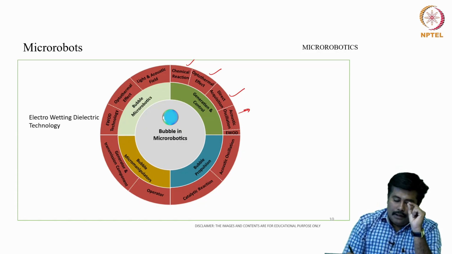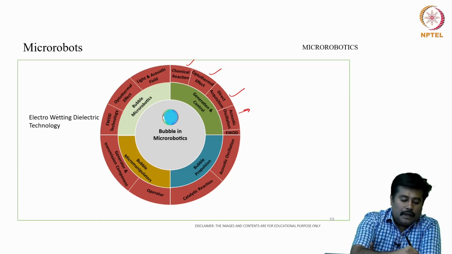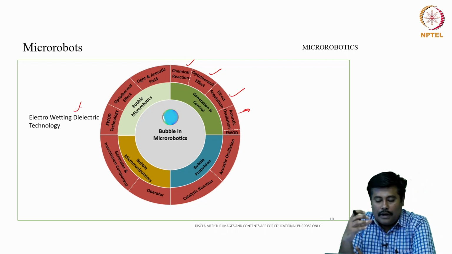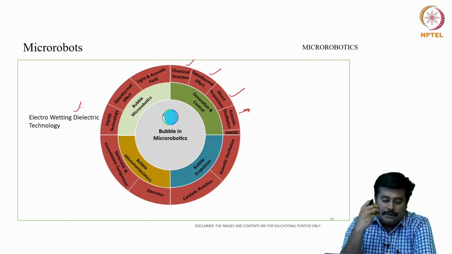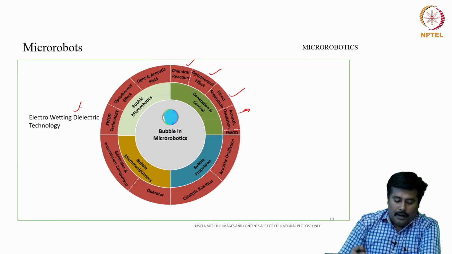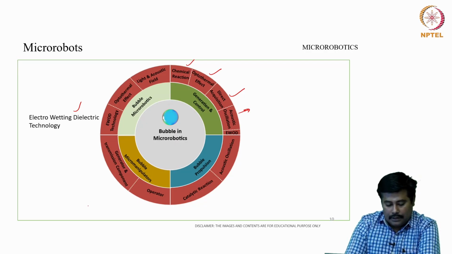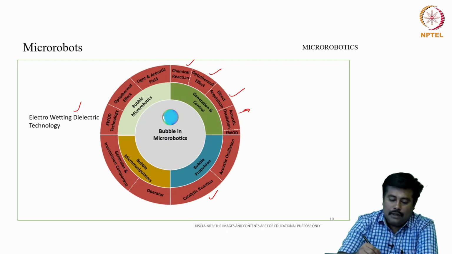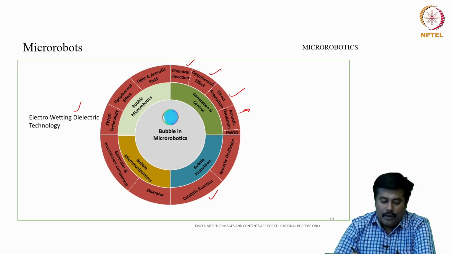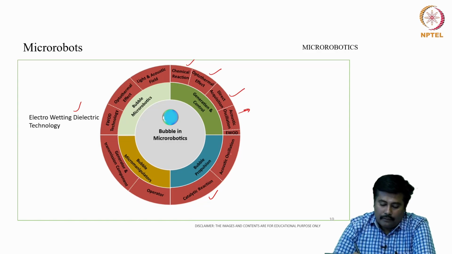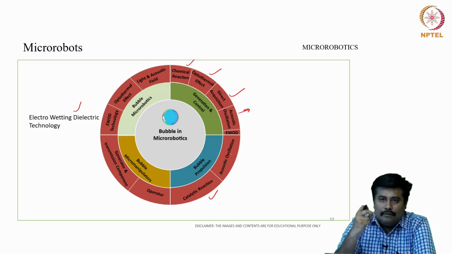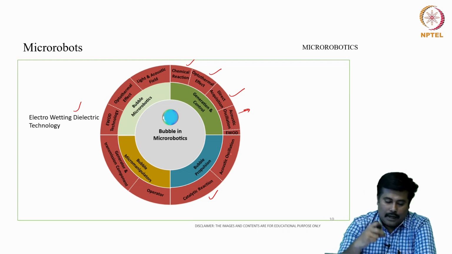Then there is a technology called electrowetting dielectric technology, which is effectively used for generating such bubbles. Through a catalytic reaction it is also possible, which has an impact with reference to chemical reaction. And then we have acoustic oscillations, where through mechanically stable acoustic oscillators, bubbles can be generated, which can be effectively used for actuation.